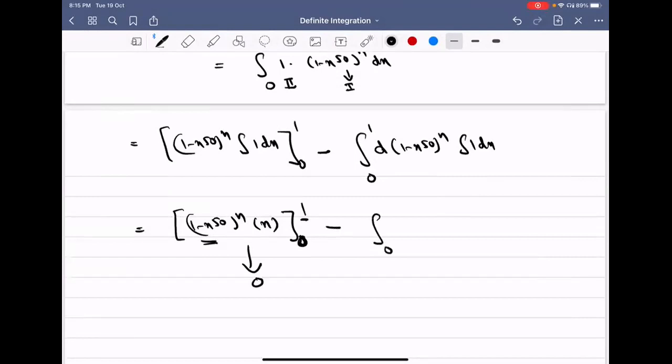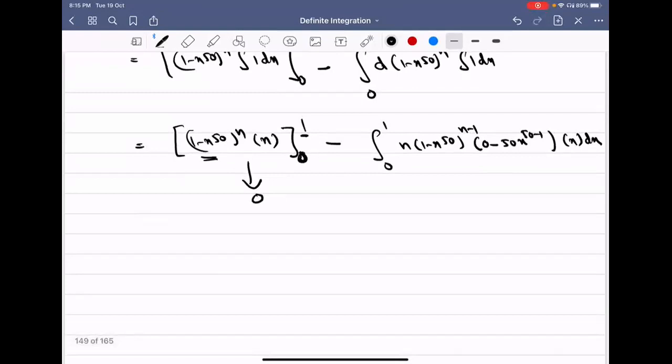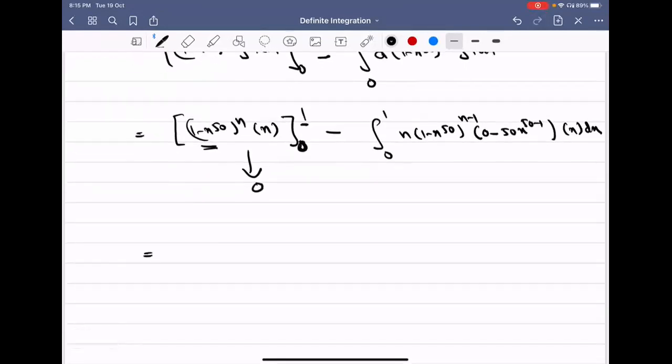The integration of 0 to 1 of the differentiation: n into (1 minus x power 50) whole power n minus 1, into the differentiation of (1 minus x power 50), which is 0 minus 50 x power 49. Integration of 1 dx is x. Now this first part becomes 0, and you are left with minus of the integration of 0 to 1. Minus and minus becomes plus.